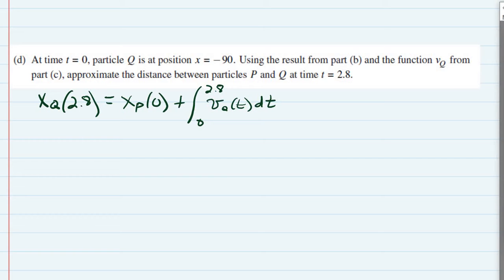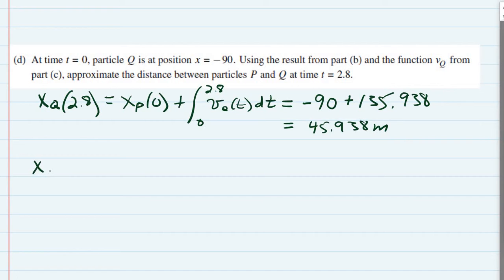So what we're going to say is, okay, my initial position they told me was -90. So I've got -90, and then I have a displacement of 135.938 between 0 to 2.8. That ends up being a final position of 45.938 meters.